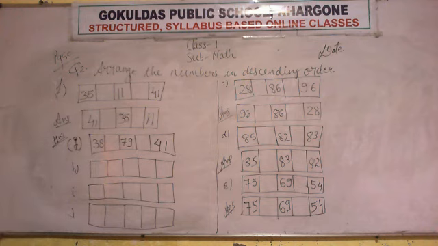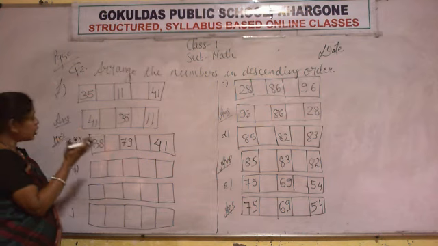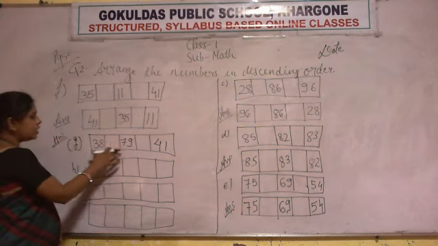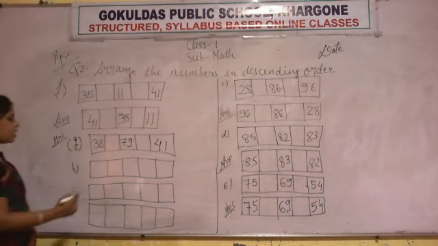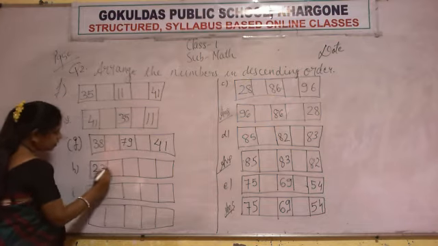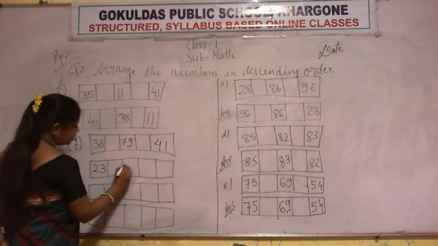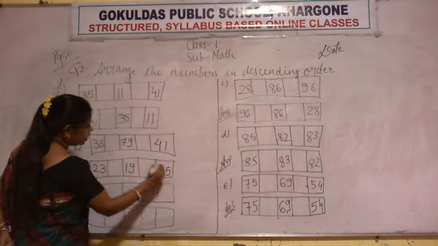Now the numbers that I have written are, I am reading them if you are not clear: 38, 79 and 41. Now the next numbers are 23, 19 and 35.